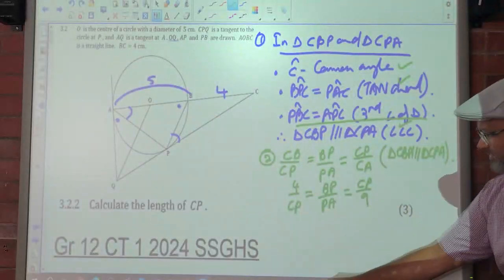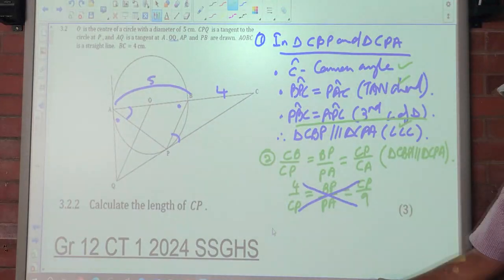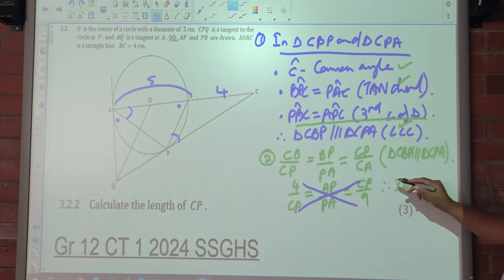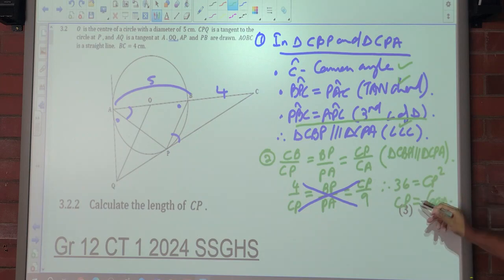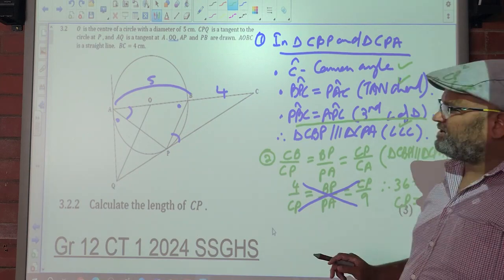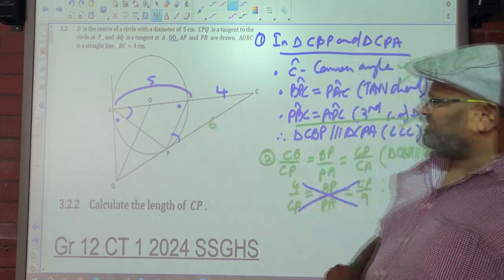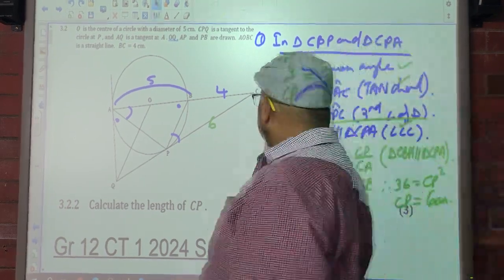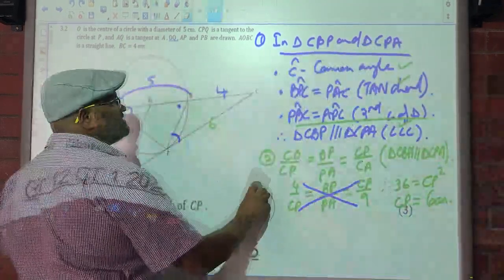Okay. People, that is what I need. So 4 times 9 is 36, equal to CP times CP, CP squared. So CP works out to be 6 centimeters. Can it be negative? No, we're talking about length. So CP is 6 centimeters. So we answered that question. As you can see, I need this space here, so I'm going to take this off.